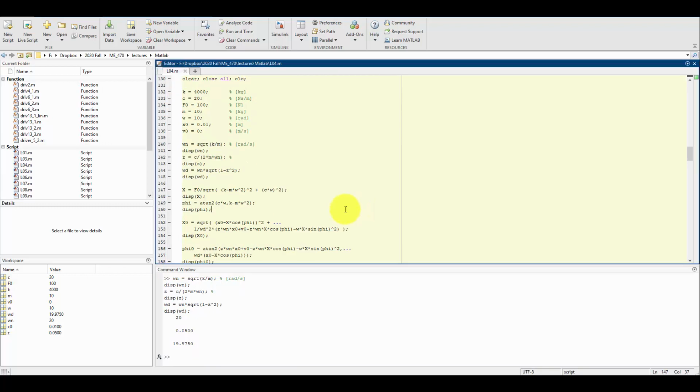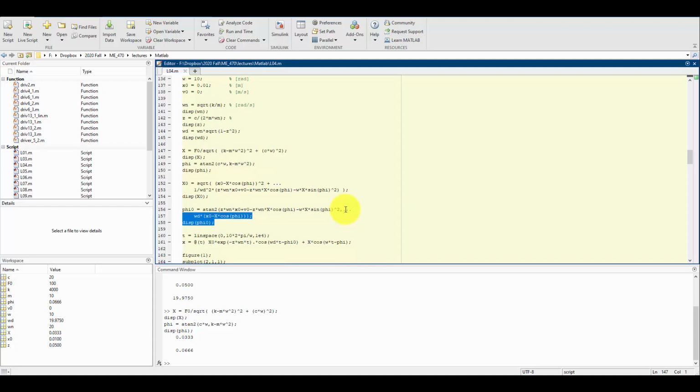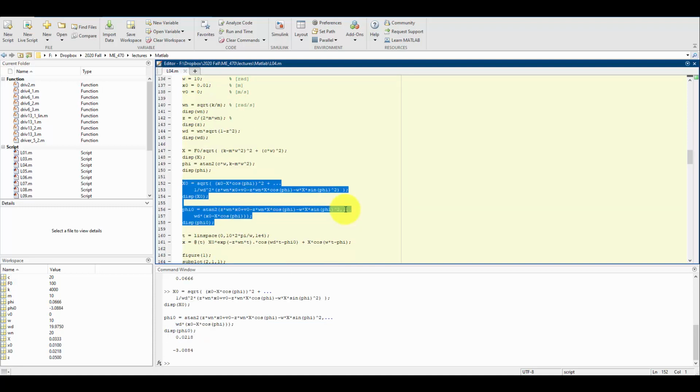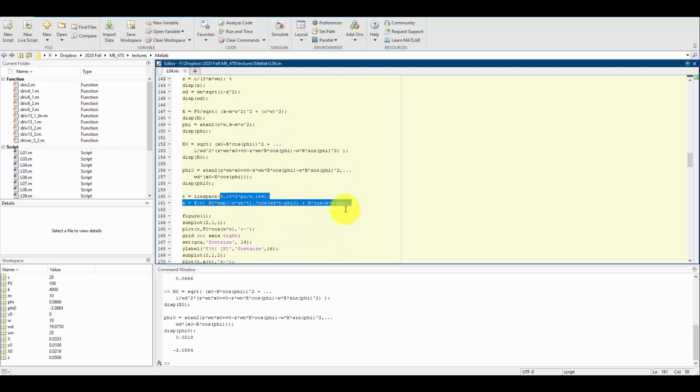Then we can calculate the other parameters that we need. So the x and the phi, 0.03 repeating, 0.06 repeating for the phi value. And then our x naught and phi naught, getting those same values by plugging in the equations from the slides. So we can take those values and assemble our total solution.